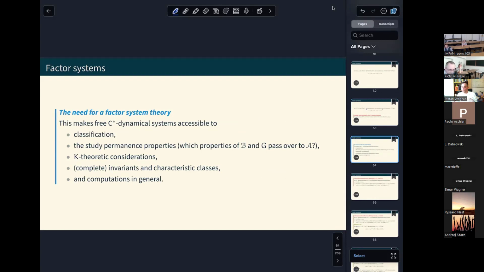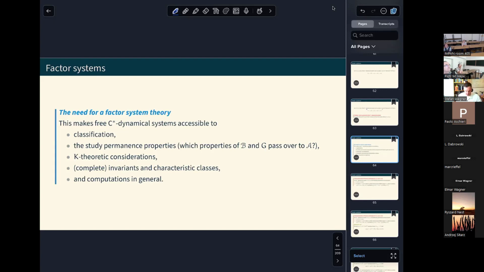You need a good characterization of freeness to find a classification, and this factor system actually helps to classify these free C*-dynamical systems, fixing B and G. Exactly. You start with B and G, and then you ask what kind of free C*-dynamical systems exist with structure group G and fixed point algebra B.